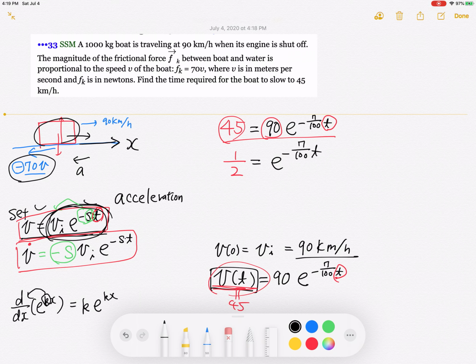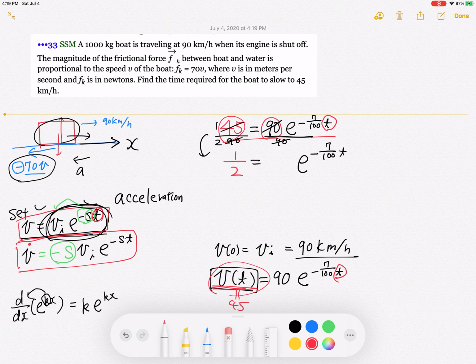Excuse me, let me put more space in between. You see what I mean? What I did over here, I just divided both sides by 90. So this is gone, this becomes 1/2. Right?